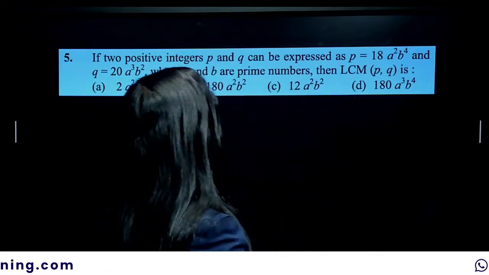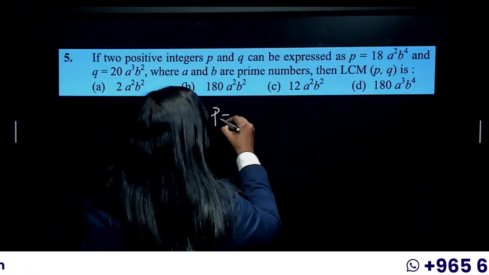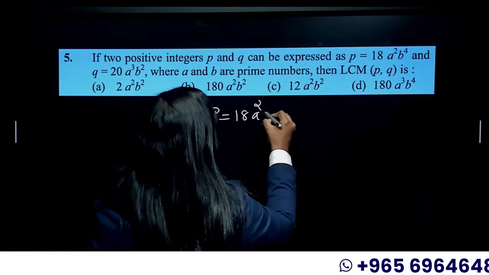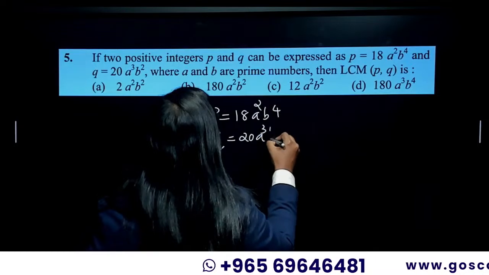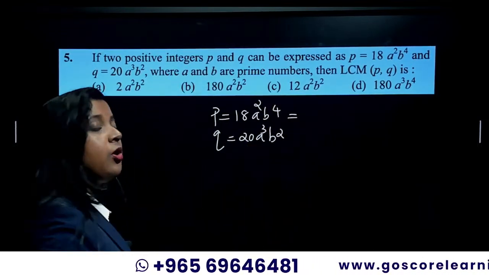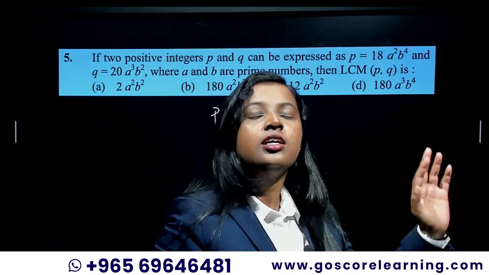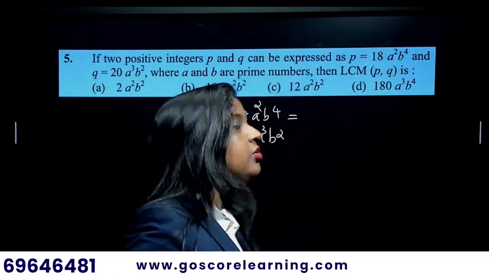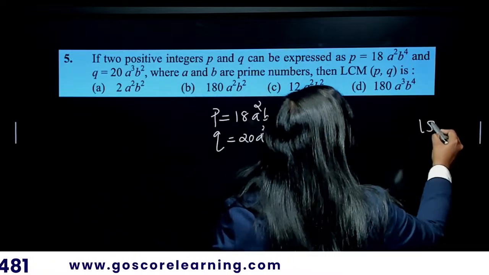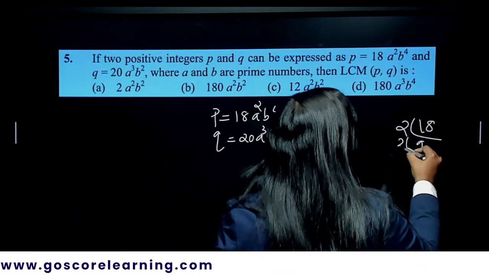Okay, so what is given? p is equal to 18 a square b raised to 4 and q is equal to 20 a cube b square. How will you split this 18? Just do the prime factorization. We know that 18 is equal to 2 into 9, and you can split that 9 as 3 square.